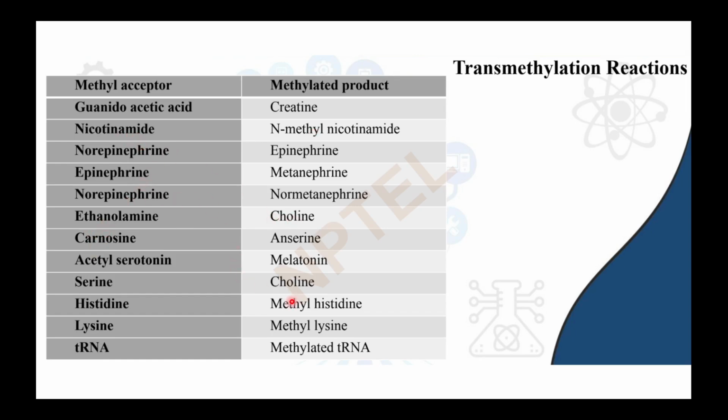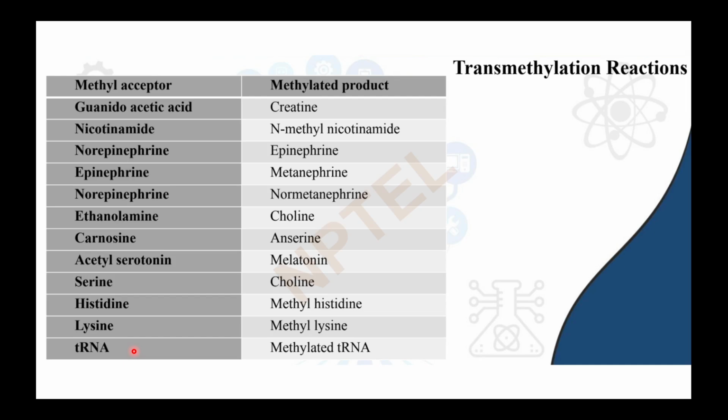So like that, multiple reactions are there. We have tRNA also as a substrate where methyl group is given to tRNA to make methylated tRNA. Okay, so this is just a list of substrates that can take the methyl group from S-adenosyl methionine.